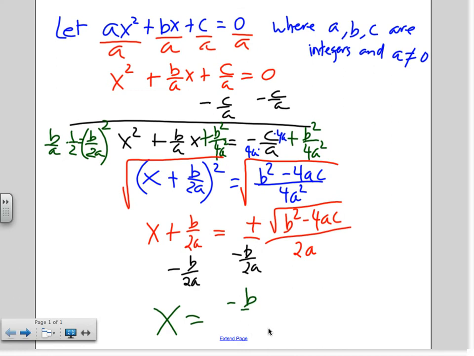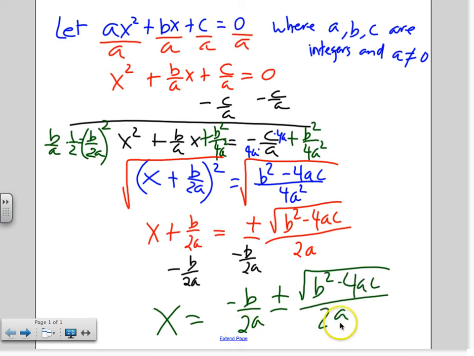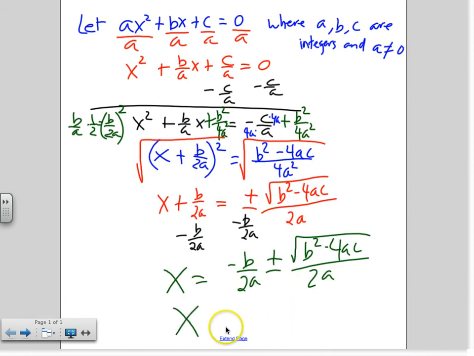Now after subtracting both sides, I just write it as is, negative b over 2a plus or minus the square root of b squared minus 4 times a times c, everything over 2a. And I realize that since both of them have the same denominator, I can just quickly combine them together and write everything over 2a. And there you have it.